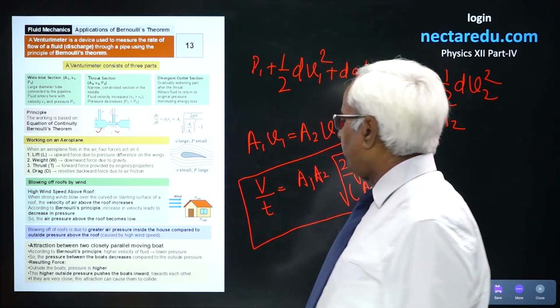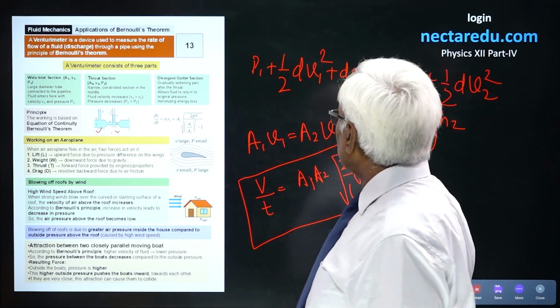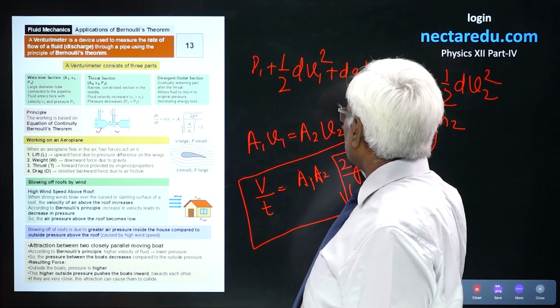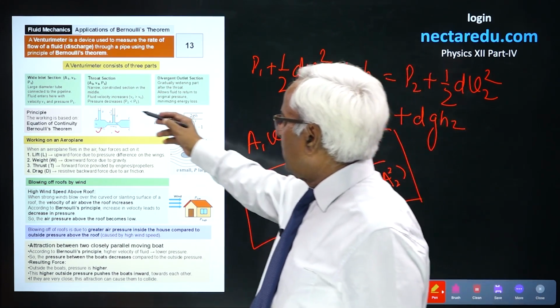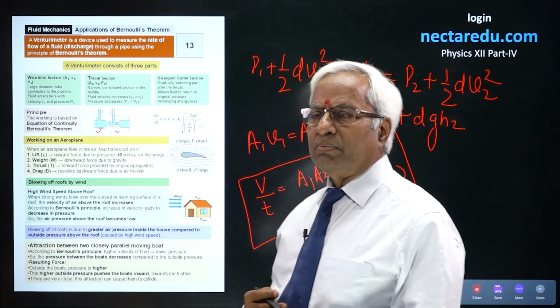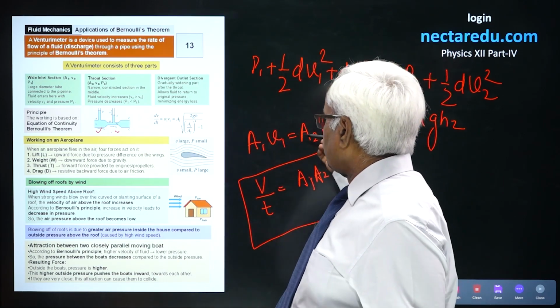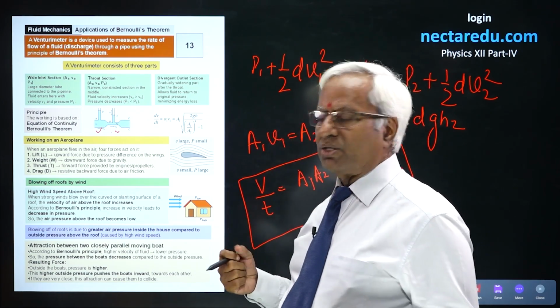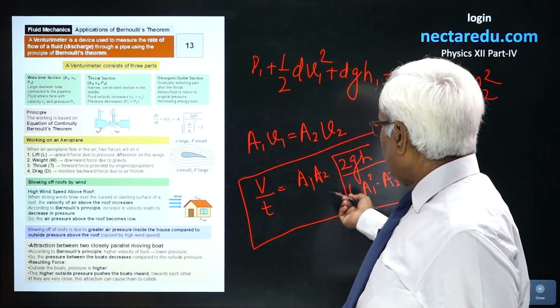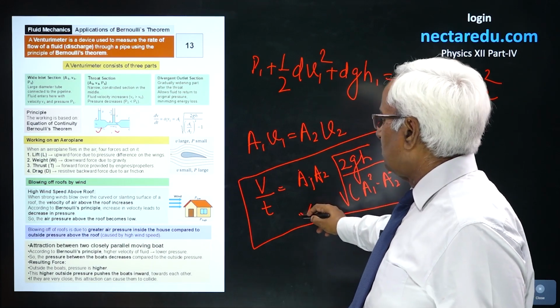This is the rate of flow of volume. So, we use two equations only: Bernoulli's theorem at the two points, wider and narrower, and the equation of continuity. This is the combined application of both. The final result is this one.